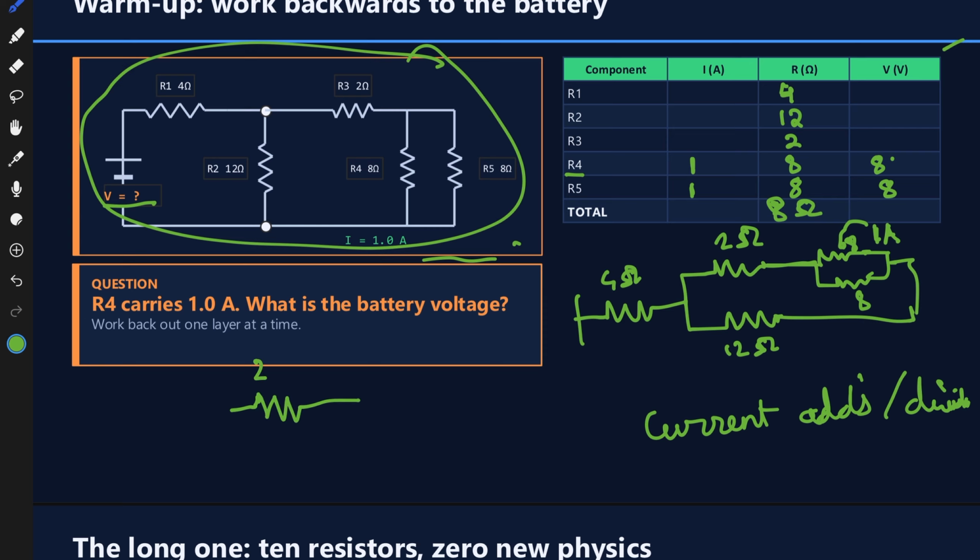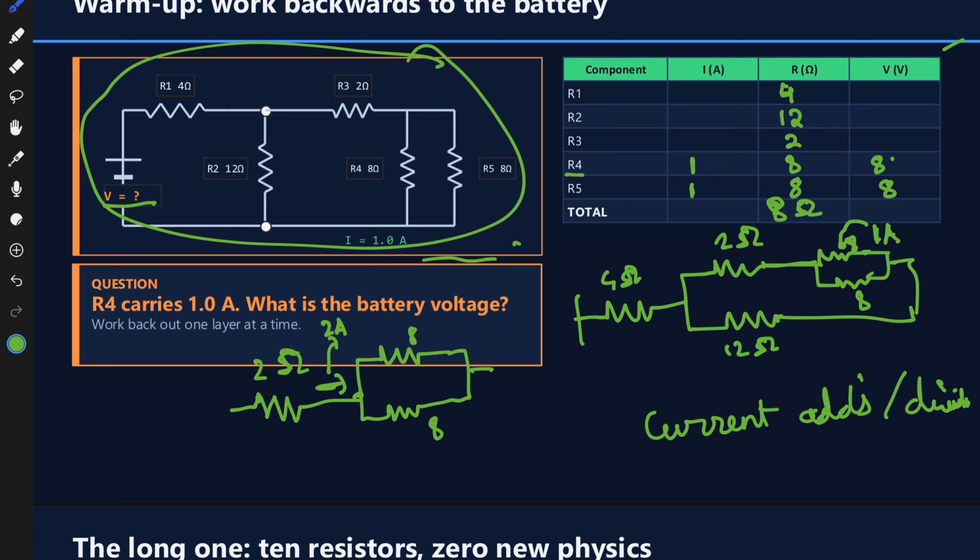Now we can look at the 2 ohms as well as the 8 ohms. Okay, so there we go. So from here, 8 ohms, 8 ohms here. What can we deduce? Well, we know that there's 2 amps of current running over here, right?